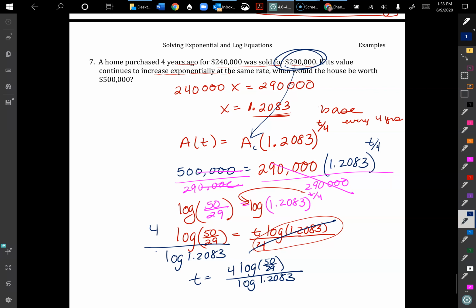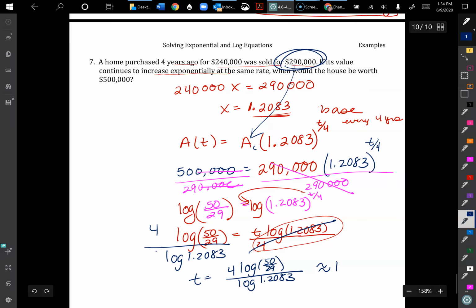Just use your calculator and crunch the numbers, but try not to round. Just type it in, go 50 divided by 29. You'll get some decimals there, and then leave that there and go log of answer times 4, and then hit equals and divide by log 1.2083. Don't forget to hit equals or use parentheses.